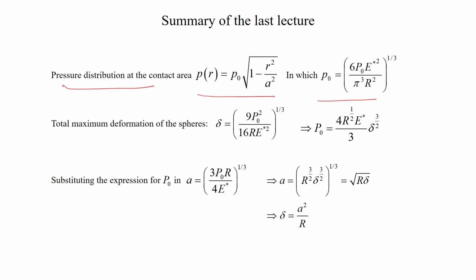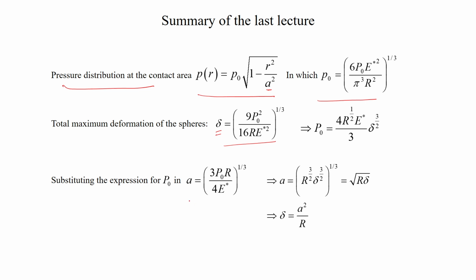Now, in order to get this radius of contact A, we pushed the point of application by a distance delta, and delta is given by this particular equation, which we also derived.